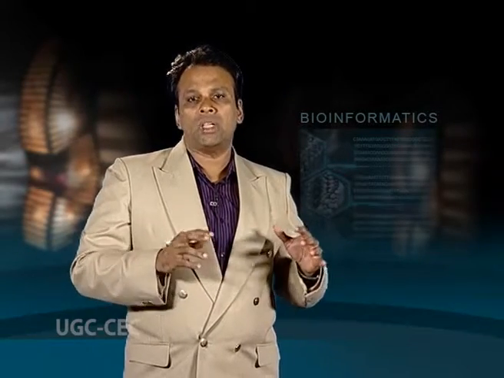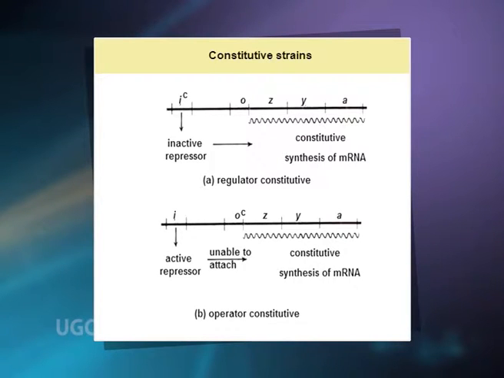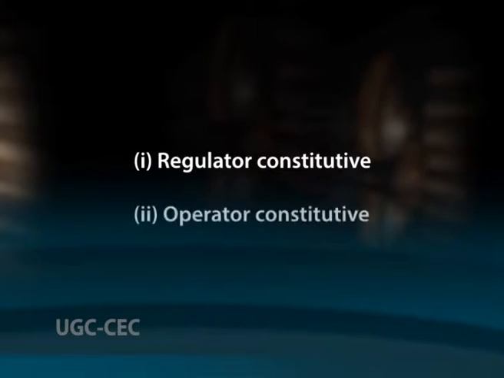These constitutive strains can also be obtained by mutations in the operator gene. A mutation in the operator gene does not allow the repressor to act because the repressor functions by acting on the operator site. Therefore, there are two types of constitutive strains: one, regulator constitutive, and two, operator constitutive.